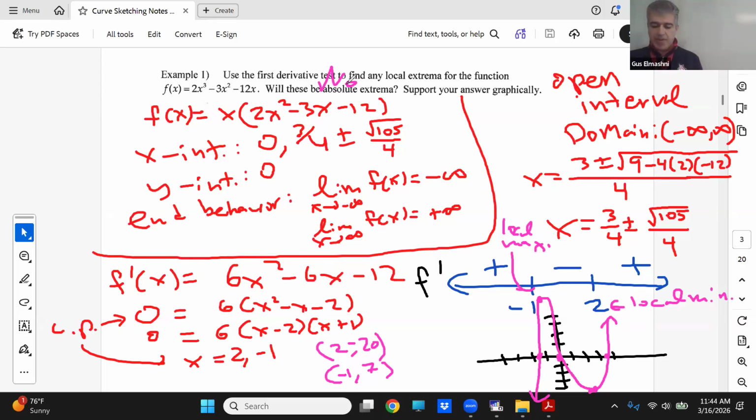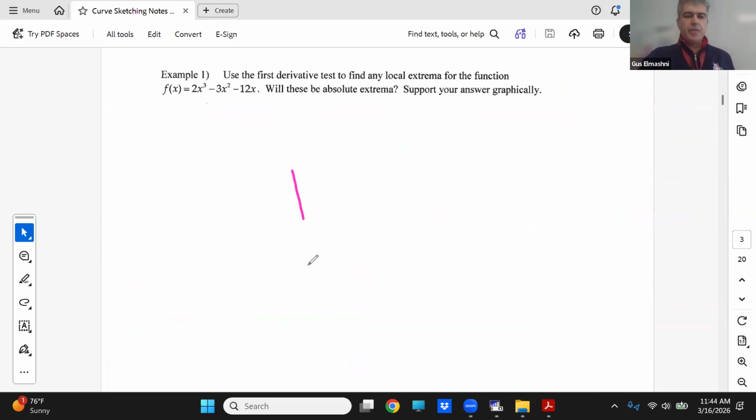Let's talk about concavity. Concavity gives you a little bit more confidence. Because here's the thing. This is y equals x cubed, right?